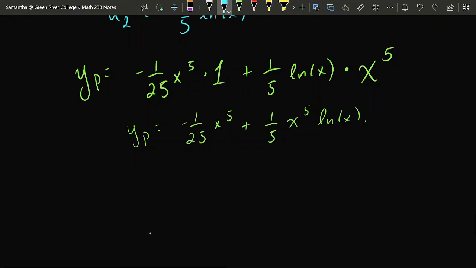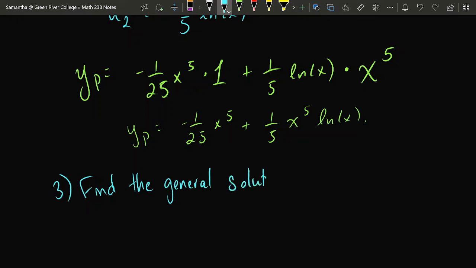Now that we have our complementary solution and our particular solution, of course we can assemble them into our general solution. The general solution is the complementary solution plus our particular solution.